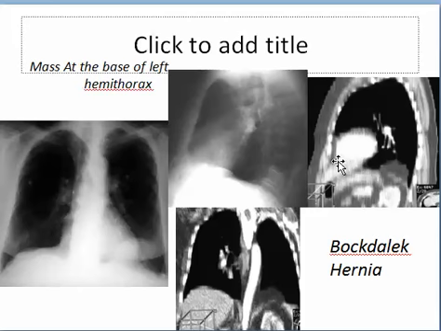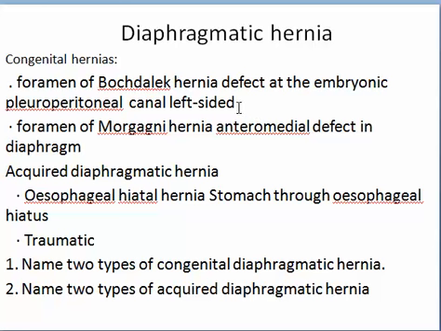What is anterior? It is Morgagni. And here, a mass at the left base of the left hemithorax, posterior, is a Bochdalek hernia, because as we said, Bochdalek is a posterior defect, while Morgagni is an anterior defect.